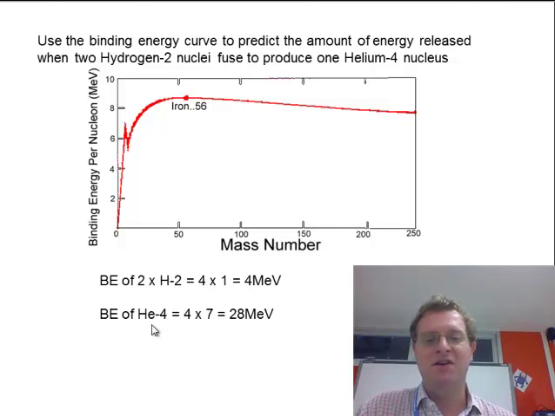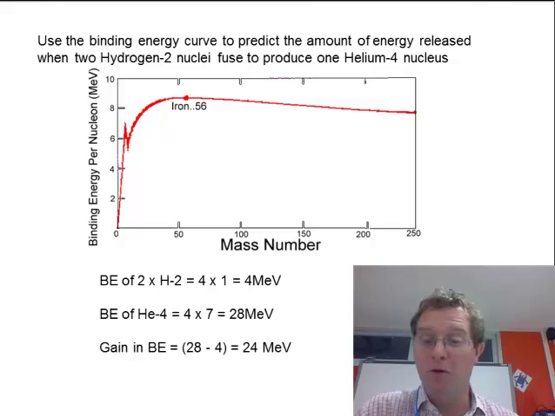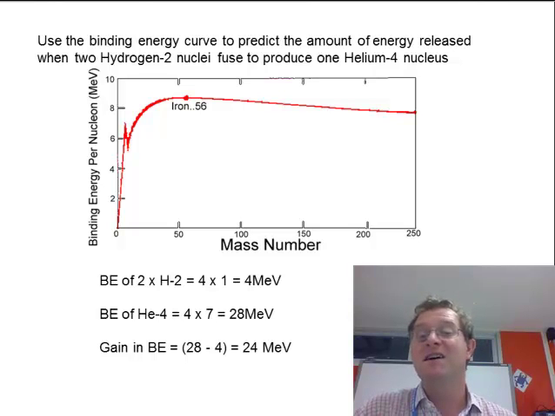The binding energy in helium-4, I should say, is: I've got 4 nucleons, and the binding energy per nucleon is 7 mega electron volts, so that gives me 28 mega electron volts in total. The gain in binding energy is 24 mega electron volts, and that tells me how much energy is going to be released from this situation.